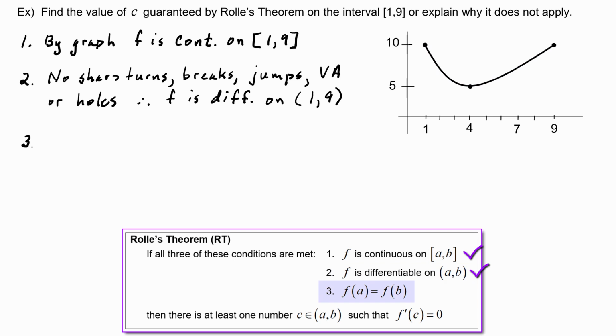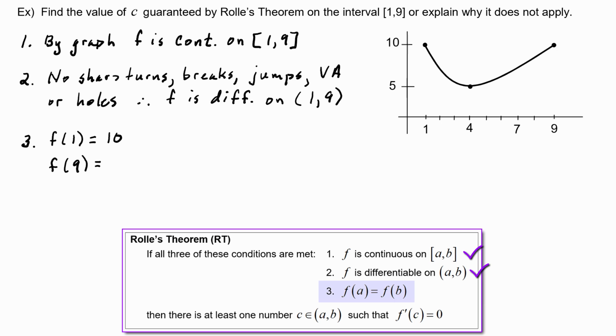Now step 3 says we have to look at the y values of the endpoints, and f of a has to equal f of b. So in our case, we would need f of 1 to equal f of 9. And we can use the graph to evaluate f of 1. We see that it equals 10. We can evaluate f of 9 using the graph.